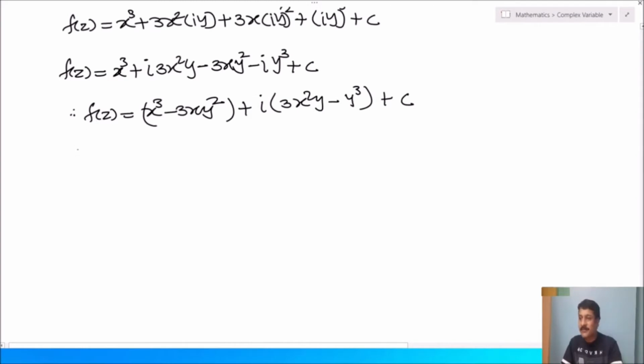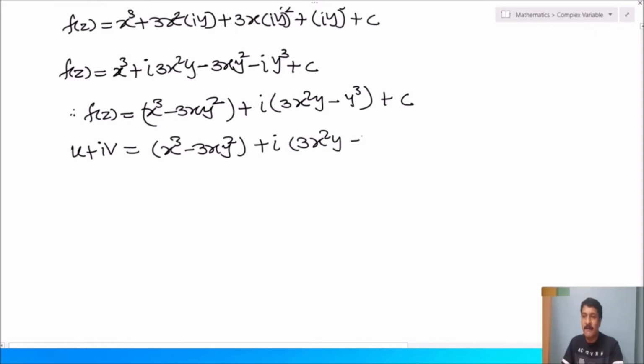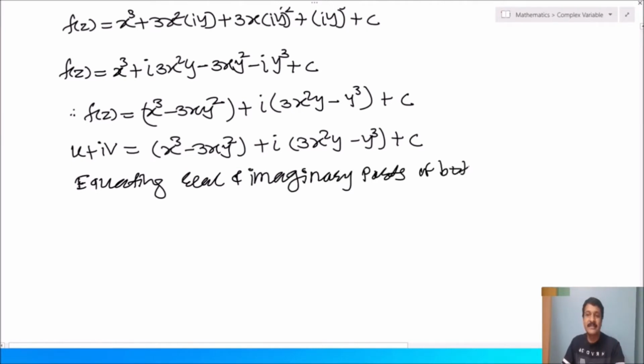So what is f of z? f of z is u plus iv equal to x cube minus 3xy square plus i(3x square y minus y cube) plus c. So equating real and imaginary parts of both sides, what is the real part here? x cube minus 3xy square, and v equal to 3x square y minus y cube.